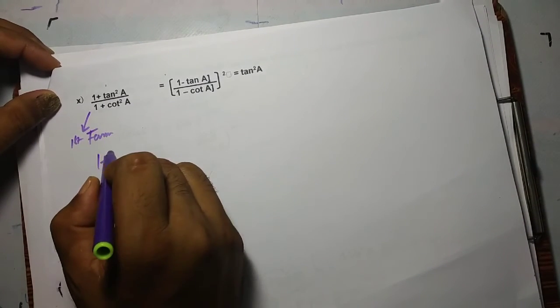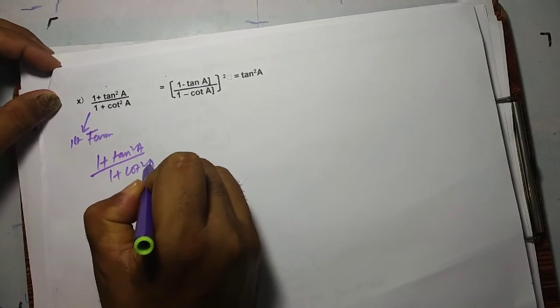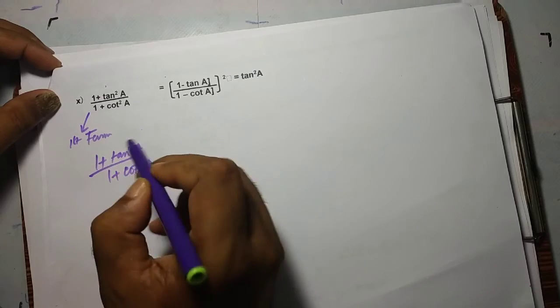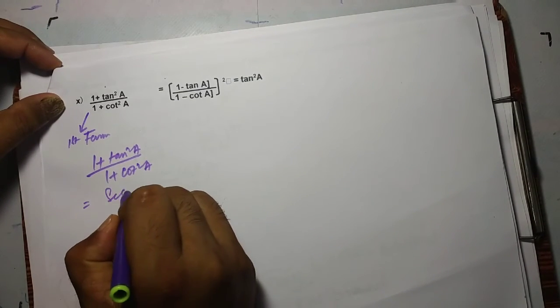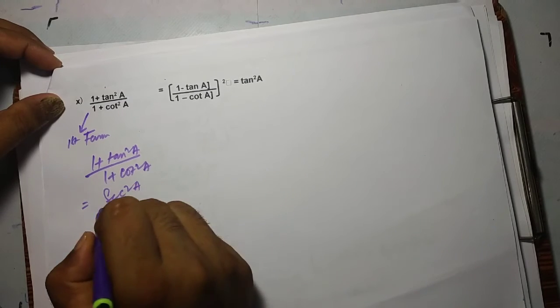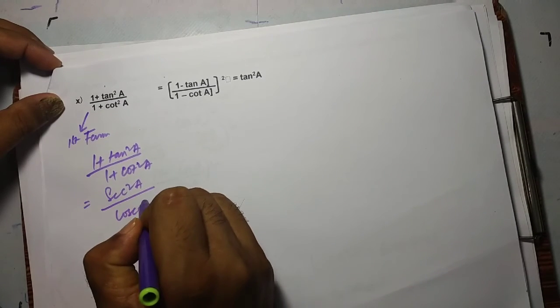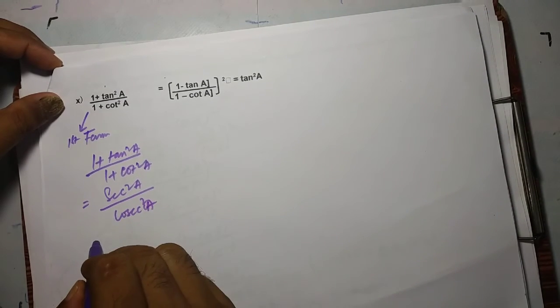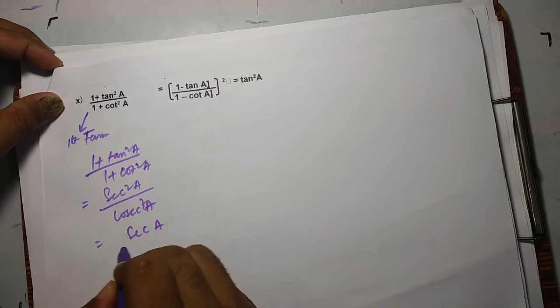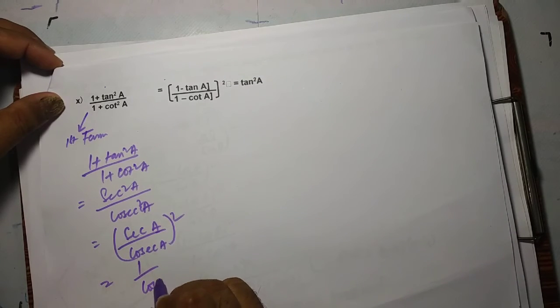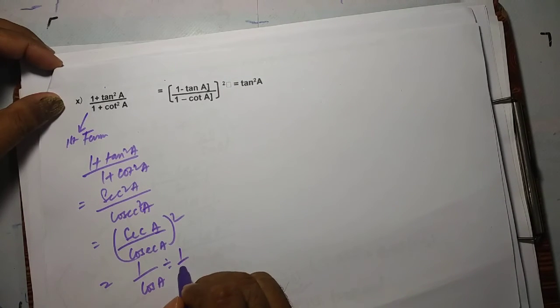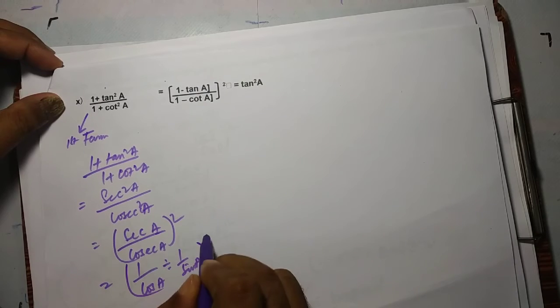This is 1 plus tan square A over 1 plus cot square A. It's the only trigonometric identity we know: 1 plus tan square A is nothing but sec square A, and 1 plus cot square A is nothing but cosec square A. So you can write sec A over cosec A whole square, or 1 over cos A divided by 1 by sin A whole square.